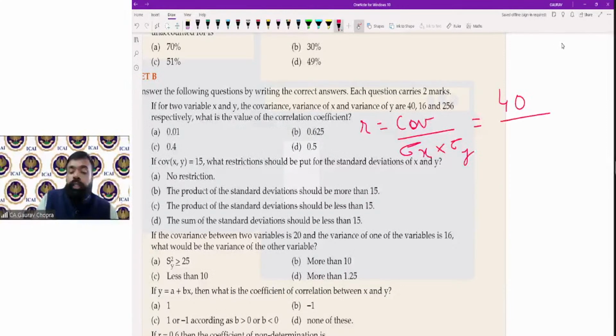Covariance is 40. 16 is the variance of x, so what will the standard deviation be? The square root of 16 is 4. The square root of 256 is 16. So 40 divided by 64, you will get the answer 0.625. This is the value of correlation.